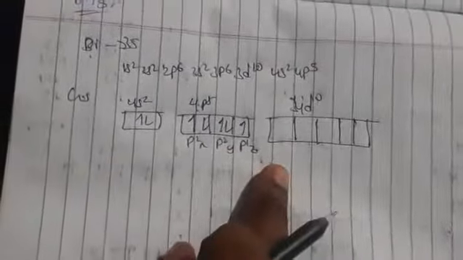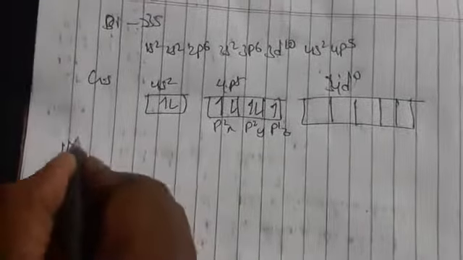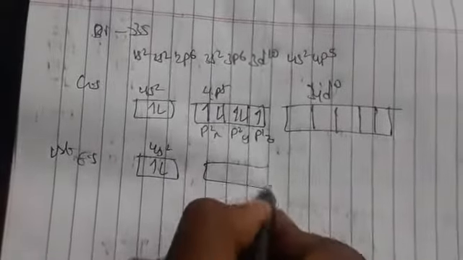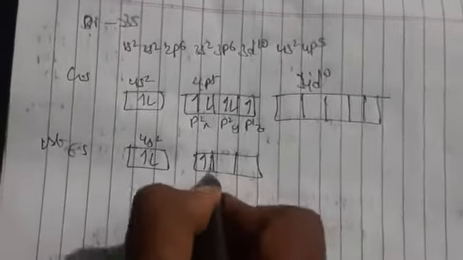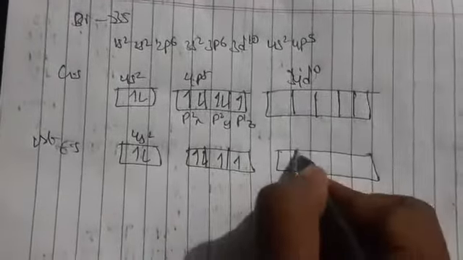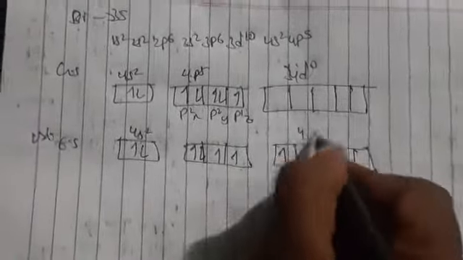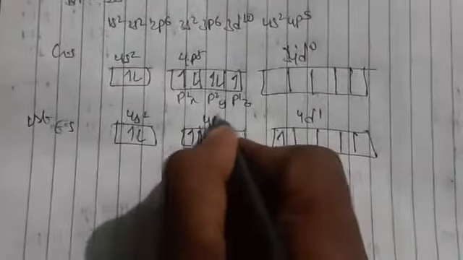Okay, so now what happens here? In the first excited state, the electrons are jumping. So in the first excited state, one electron jumps to the d orbital. So here 4d1 we are getting, that is 4p4.